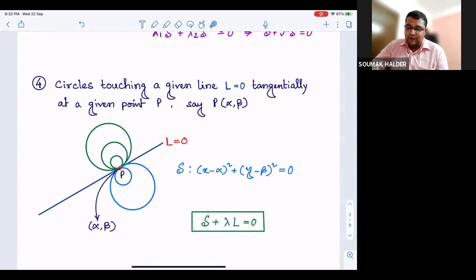So that is why we have considered the given point alpha comma beta as a point circle and created the reference of S equals 0, so that we can describe it in the first format. We are searching for circles which are passing through the common points of S equals 0 and L equals 0, hence it can be described as S plus lambda L equals 0.